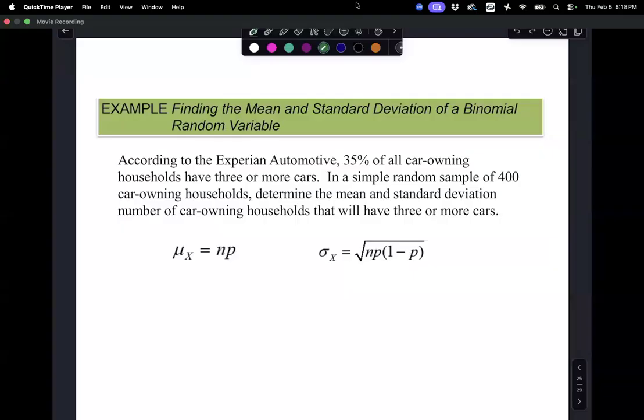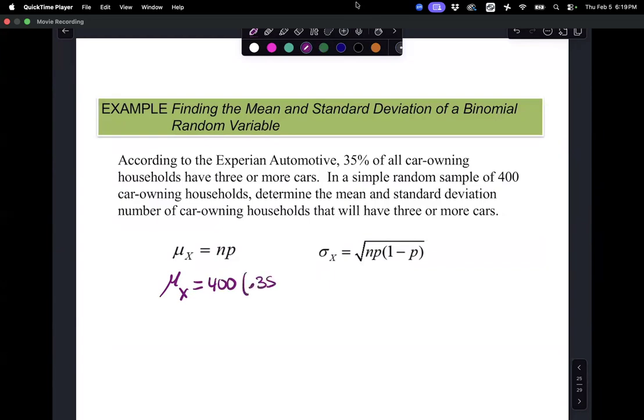All right. According to the Experian Automotive Service, 35% of all car owning households have 3 or more cars. We took a simple random sample of 400 car owning households. We're going to find the mean and the standard deviation. For the mean, my mu sub x is the number of trials, so that's 400 times the probability of success.